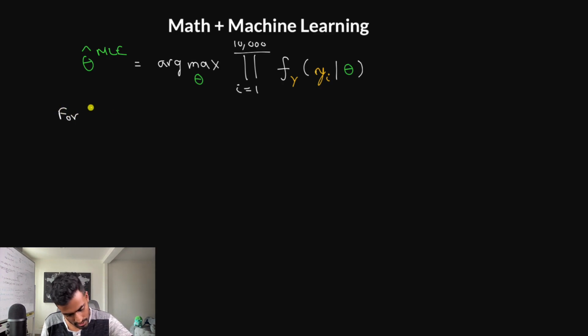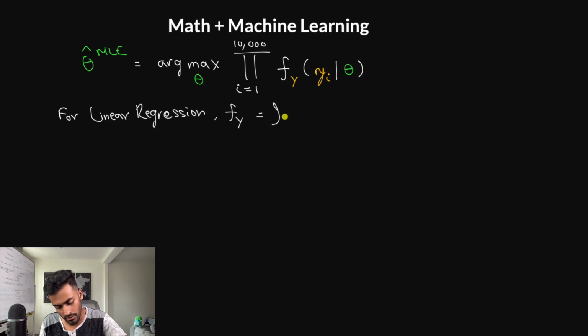For linear regression, the fy term is assumed to be normally distributed, where the mean here is actually the mean prediction of the model itself. So let's assume that to be represented as yi hat. And the standard deviation I can just let be sigma, and so we write sigma squared for variance.